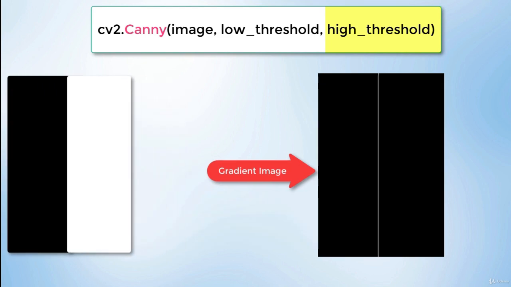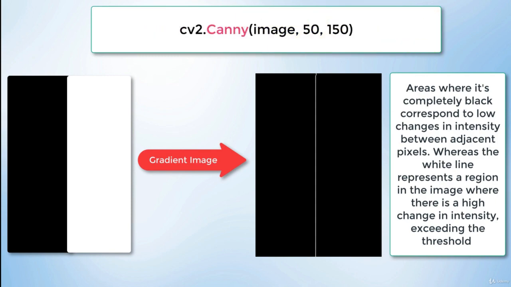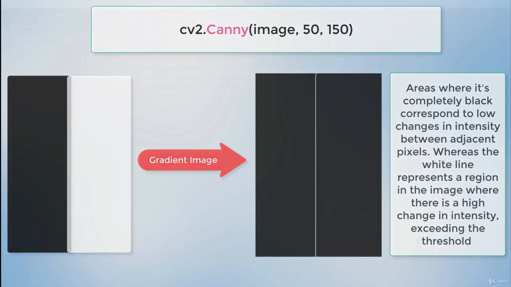If it is below the lower threshold, it is rejected. If the gradient is between the thresholds, then it will be accepted only if it is connected to a strong edge. The documentation itself recommends to use a ratio of 1:2 or 1:3. As such, we'll use a low-high threshold ratio of 1:3, 50:150.